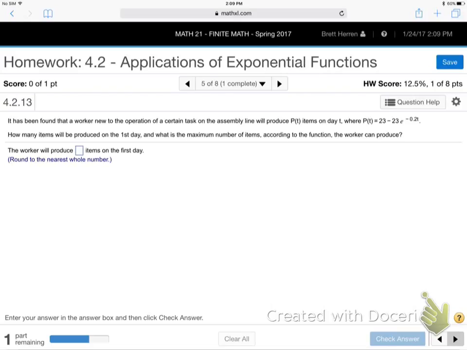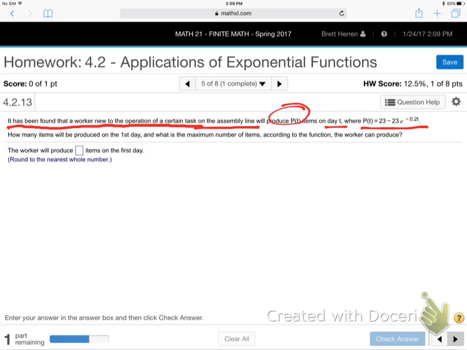Okay, so there we go. They're giving me this function. It has been found that a worker new to the operation of a certain task on the assembly line produces this much on day T. So you got to be clear what the variables are. P is what they produce. T is how many days they've been on the job, right?